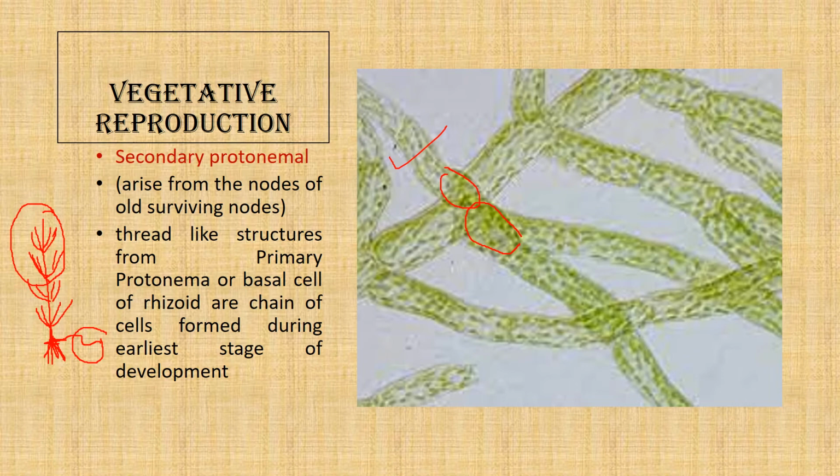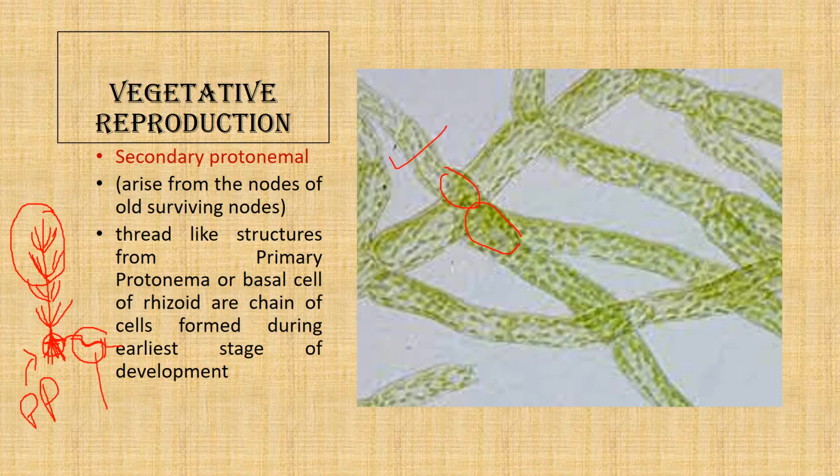They are very much looking like the primary protonema. The primary protonema develops into a Chara plant, and from the basal node of the old Chara plant arises this secondary protonema.